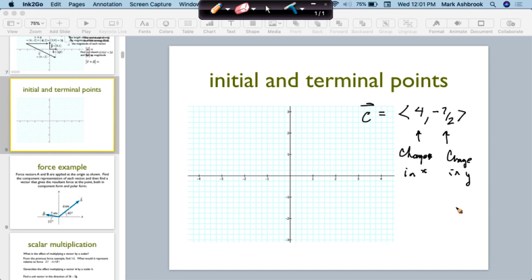You can move a vector around without changing what the vector is. Vectors have magnitude and direction. They don't have a particular location or position unless you choose to put it somewhere. So these don't have to do with position so much as they're just changes, change in x and change in y.